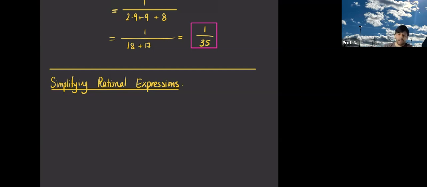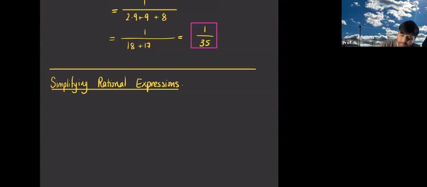One of them being factoring. The other one is simplifying, and the third one is solving. Those are the skills that you're going to master, hopefully by the end of the semester. So we want to simplify rational expressions.